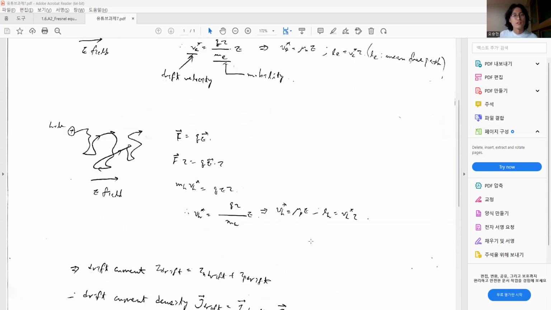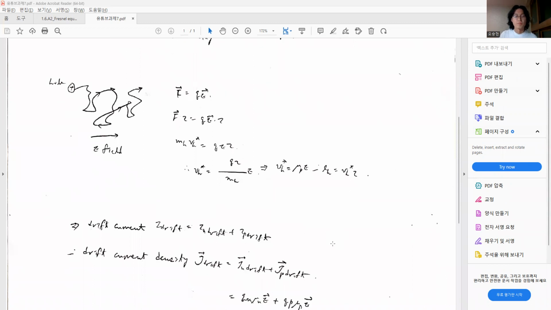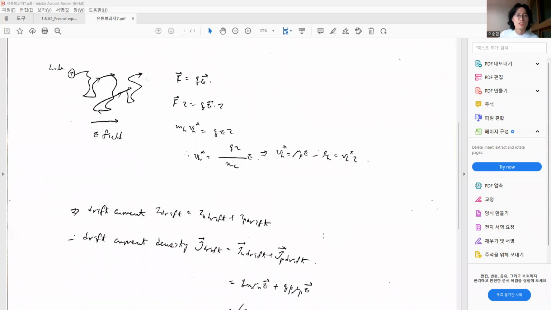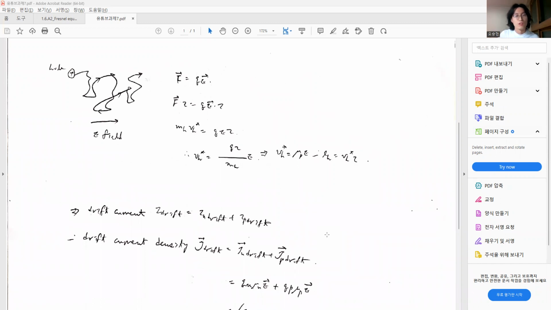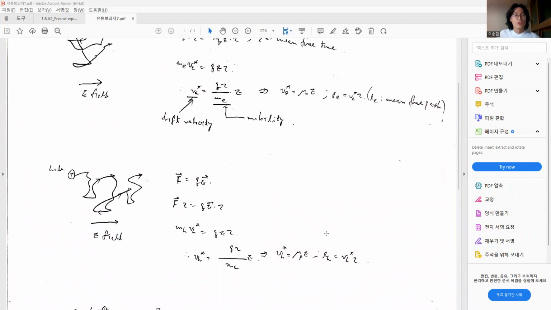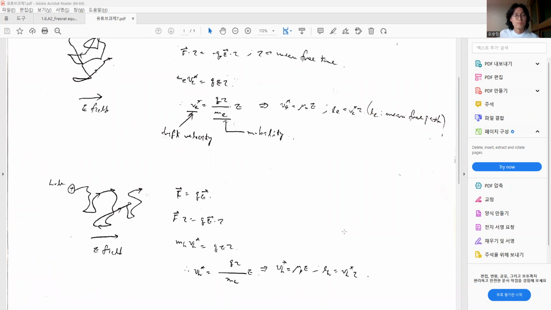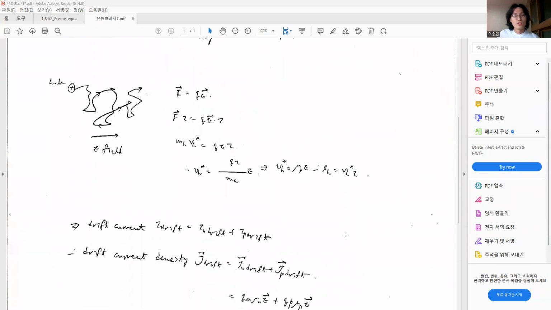From these equations, we can think about the drift current, which is expressed as the sum of the drift current of electrons and the drift current of holes.